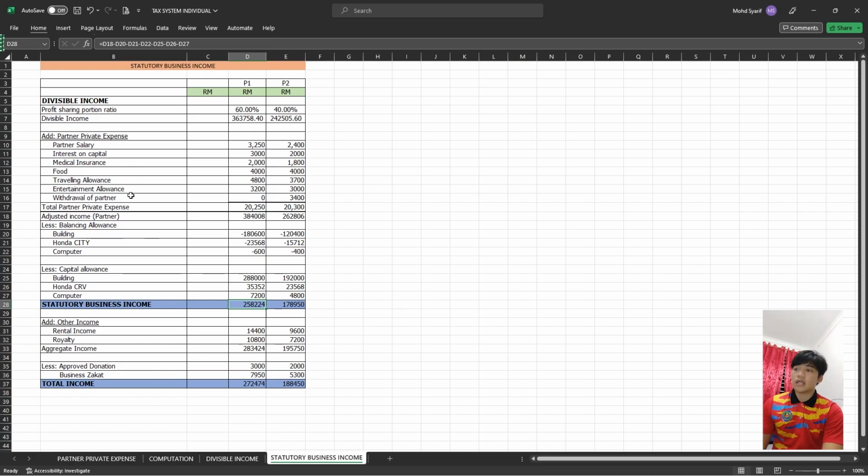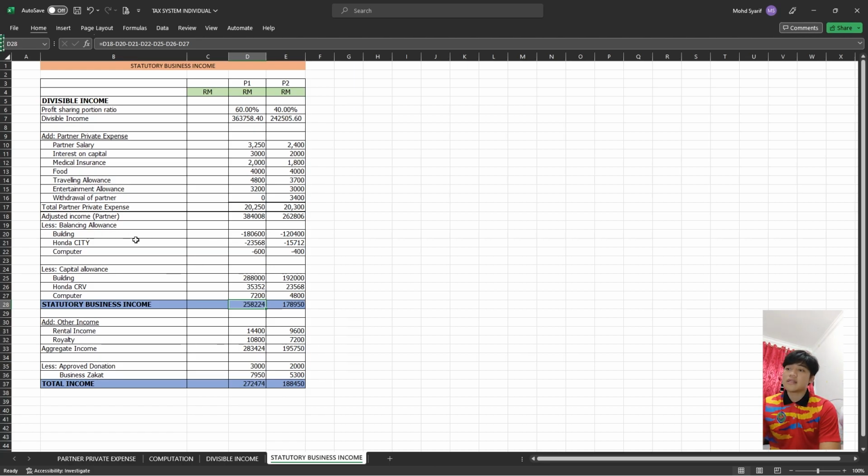But before we touch on that, I want to explain the structure: divisible income add partnership profit expense, and we get the adjusted income of the partner, which is 334,000 ringgit for Umar. For Umairah it is 260,000 and 106 ringgit.